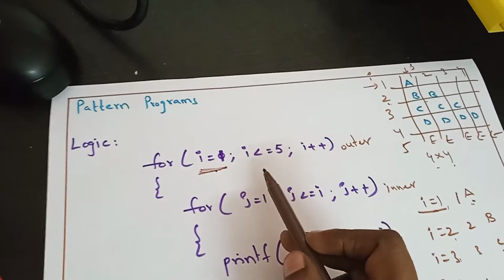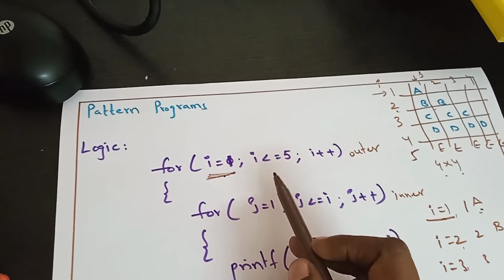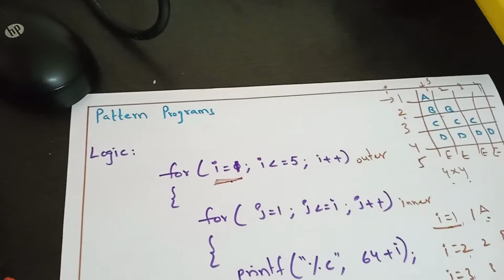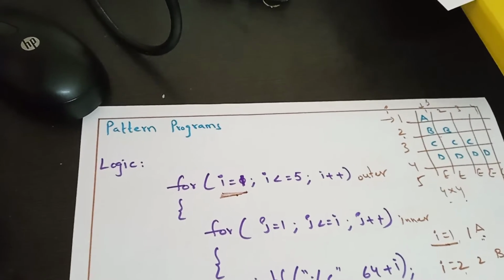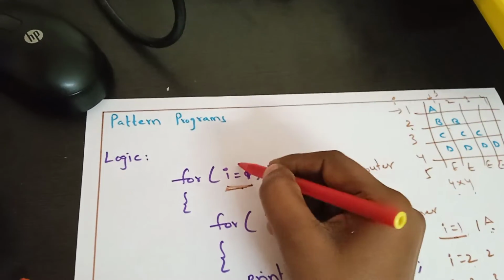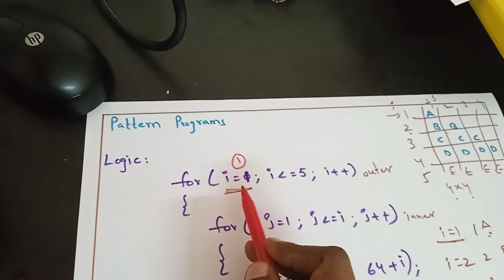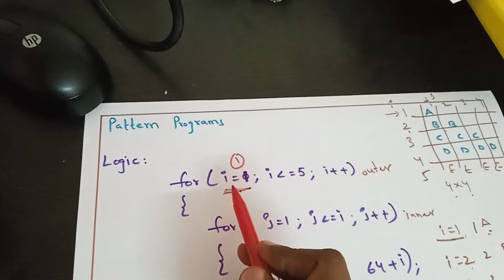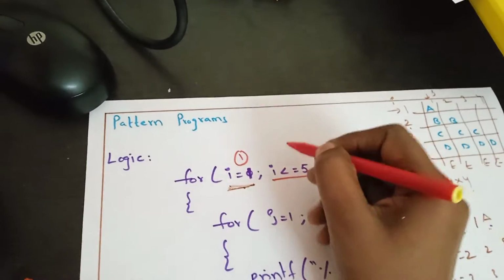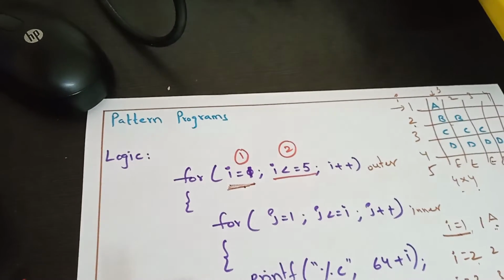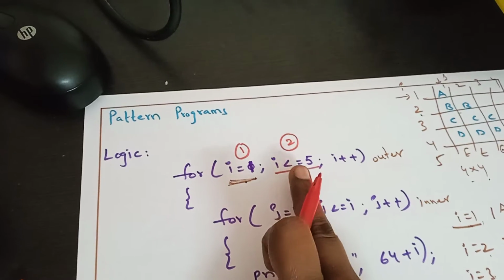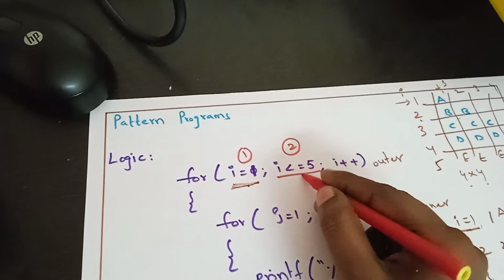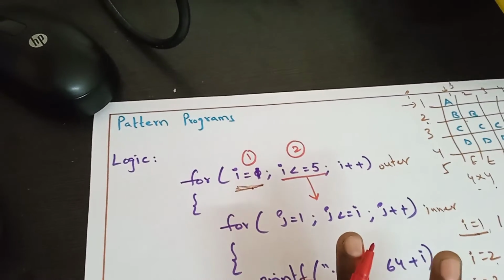Now, in the last video I told you very clearly about executing a scenario of a for loop. How will a for loop get executed? Initially the initialization statement will get executed first and then the condition. After this condition is true, we'll come to the next statement, whatever it may be.